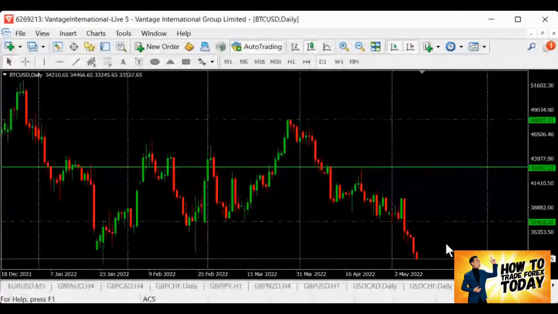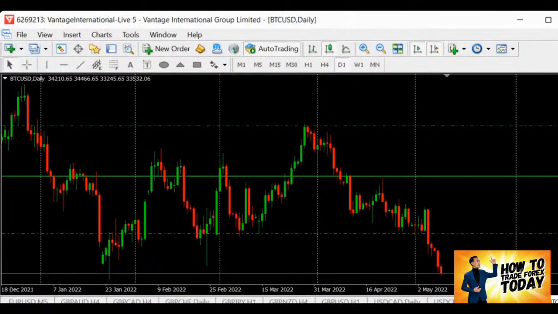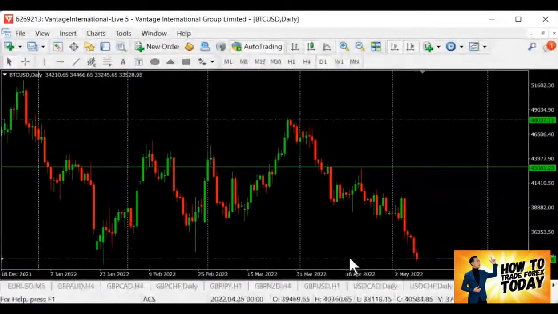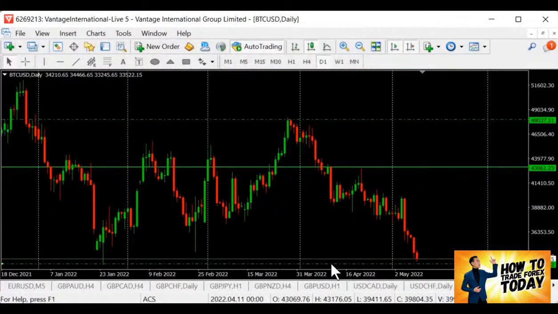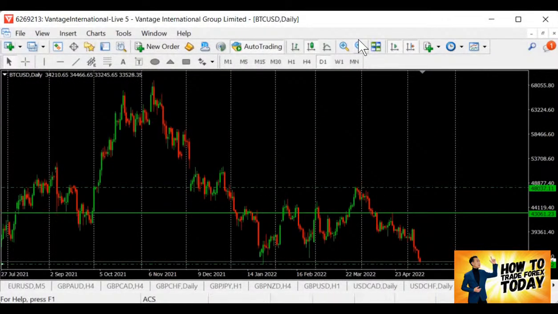Okay, how about Bitcoin? Bitcoin this weekend has actually had a big fall. As you can see, the falling of Bitcoin is looking out for another level of support.